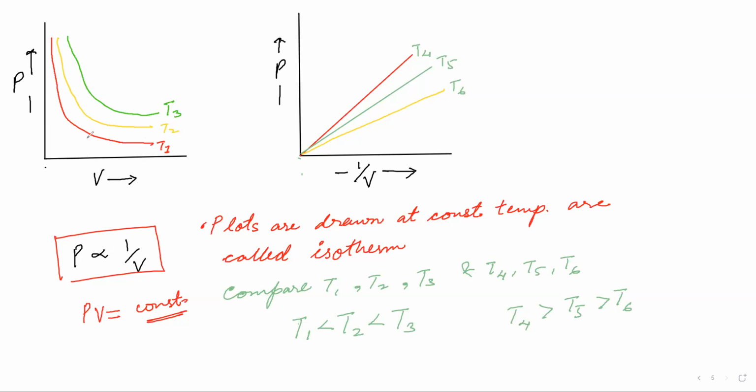If we increase the volume, the pressure will come down. But how does it tell you about the temperature? We have drawn 3 different plots here. If we don't decrease the temperature, we can't reduce the volume.